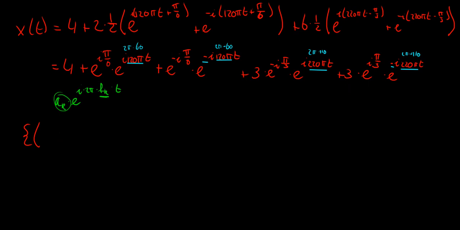Actually, let's do that differently. First, we're going to do this one because it's the lowest frequency. It is minus 110, and its amplitude is what is in front of the e power, which has in its power a t. So in our case, that is 3 times e to the power i pi over 3.